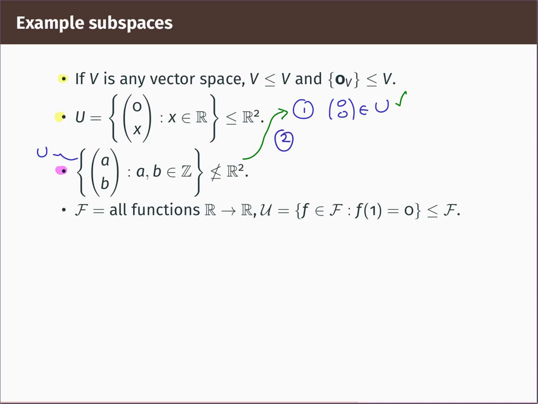Property 2, is it closed under addition? Well, let's take two elements of U. So if (A, B) and (C, D) are in U, that means that A and B and C and D are integers.